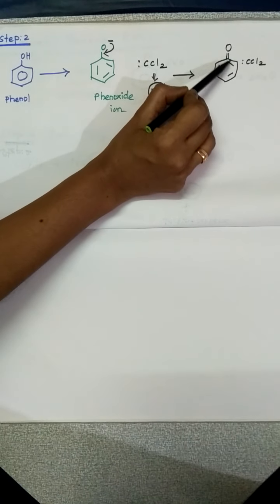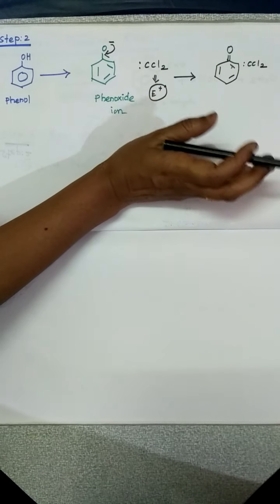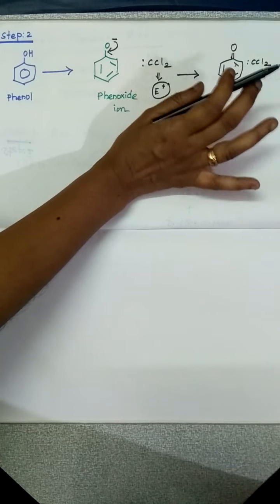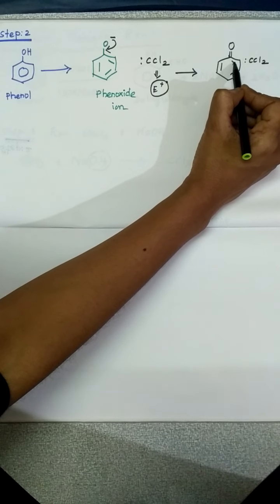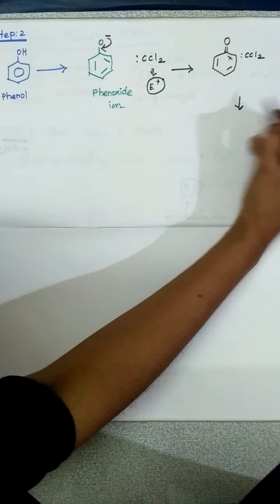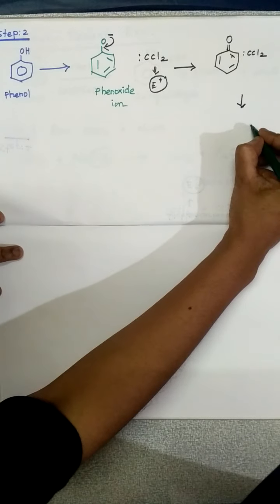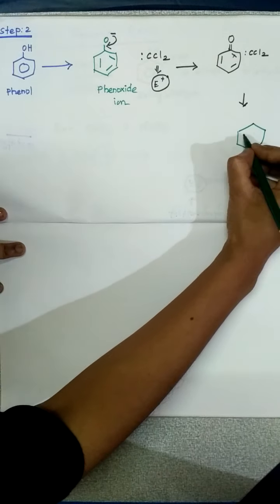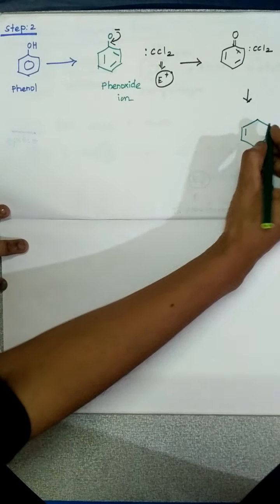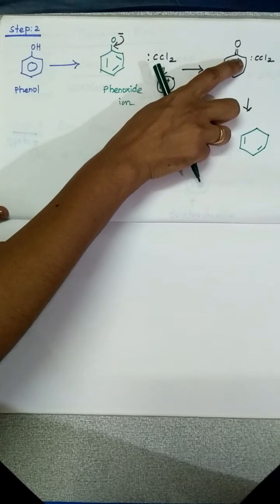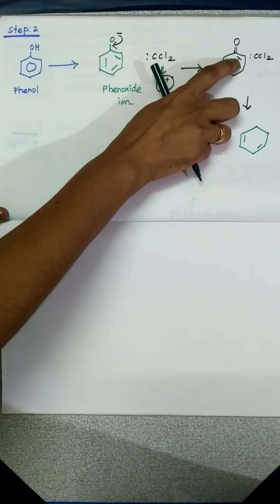Here two double bonds are together, and usually two double bonds won't be together. So this bond will shift here. I'll write the product of that bond shift: the same bond here, and here also the same bond.